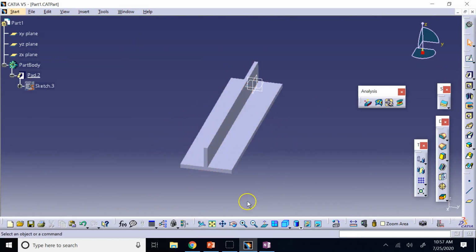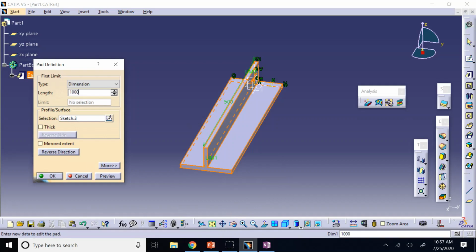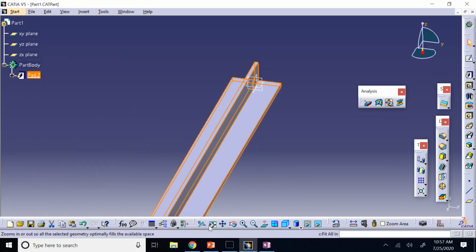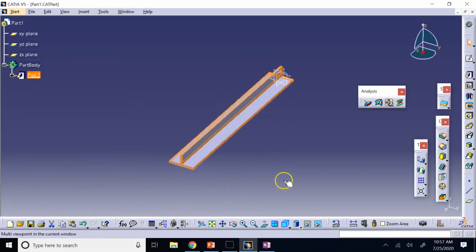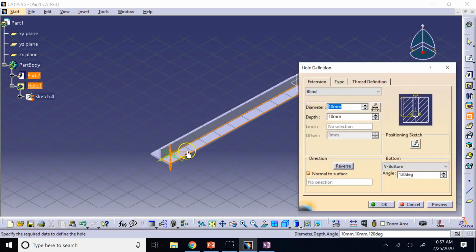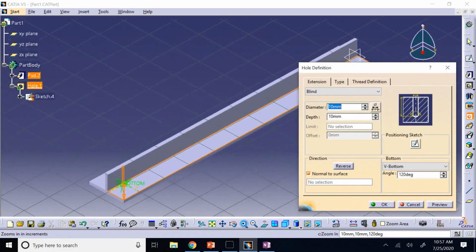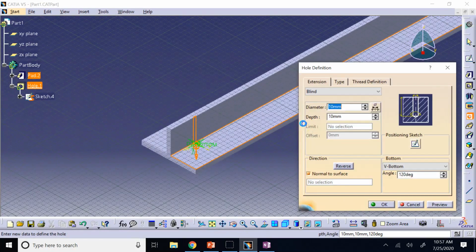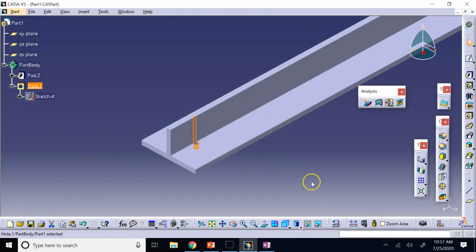It's going to make this part long, or I can even make it way longer. Right? And then maybe there is a small hole here, and this hole has some features. Let's say this is good enough.